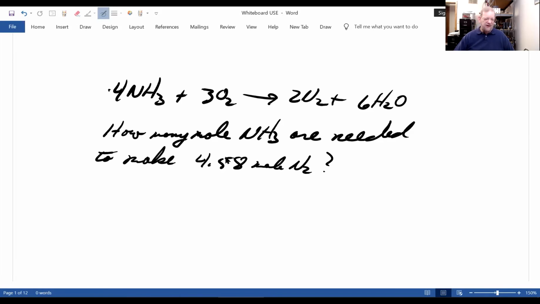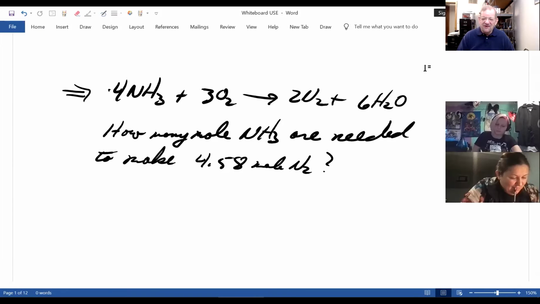And why don't you try this one? You're given this balanced chemical equation, and as one of your colleagues said last night in my office hour, it's hard to read your handwriting. And guess what? She's right. So let me decode this for you. And that is how many moles of ammonia, NH3, are needed to make 4.58 moles of nitrogen. Your turn. See what a nice person I am? I let you have fun too.